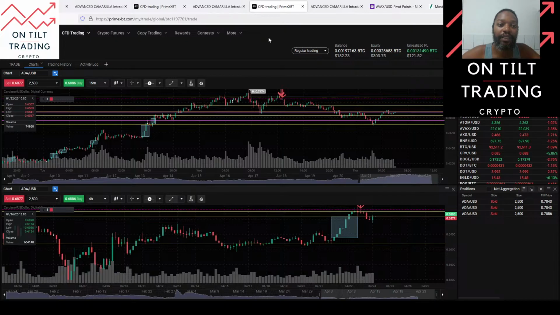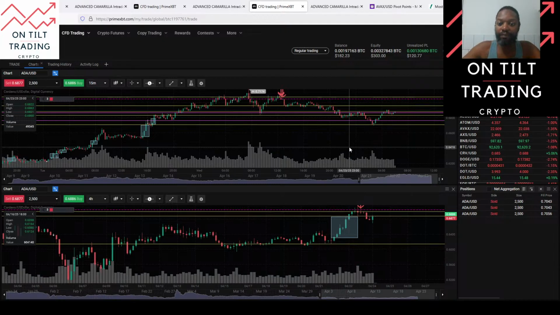Next up is Cardano. Cardano, I'm already in a trade in Cardano from yesterday. Cardano set up at the R3 Camarilla pivot level yesterday, and I was able to take a trade on it, and it's just been consolidating quite a bit and taking its time.